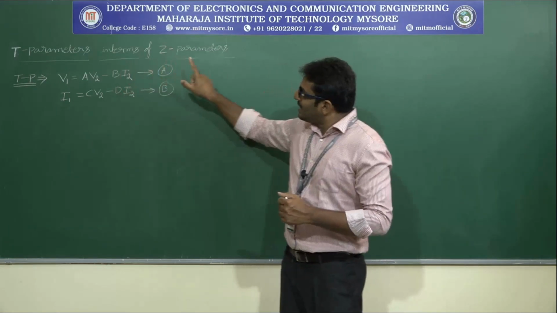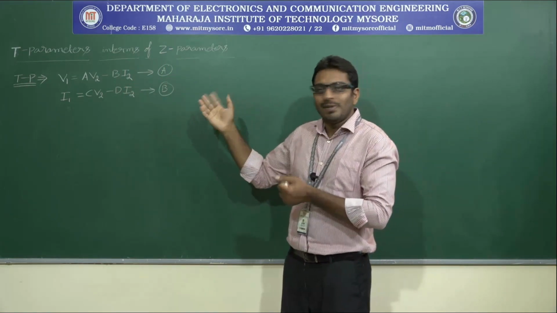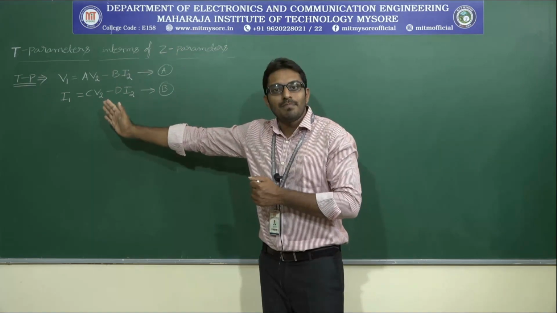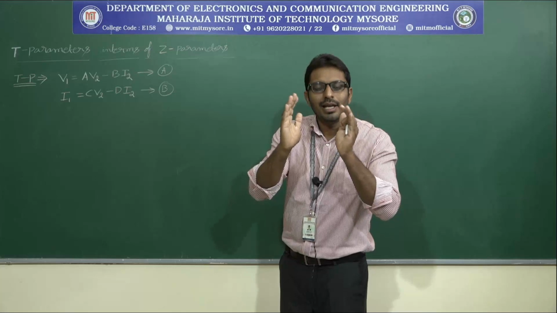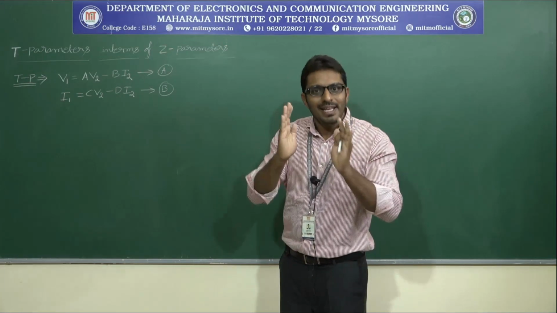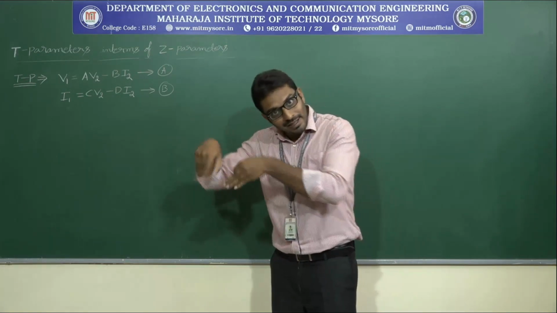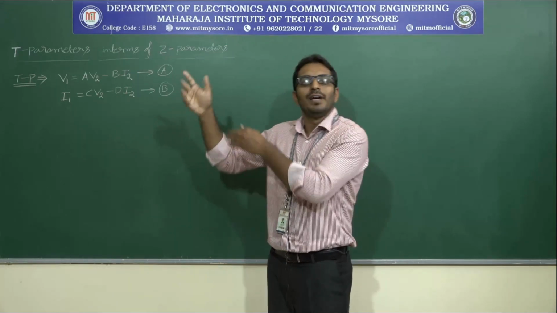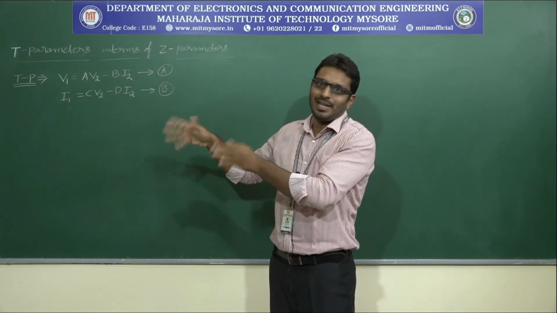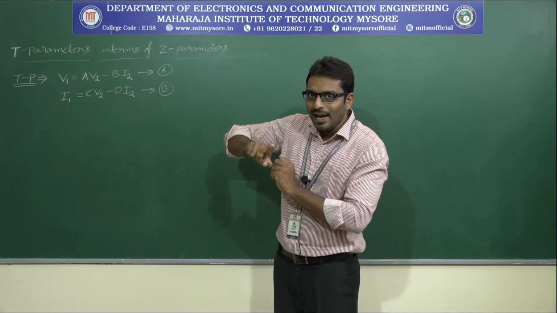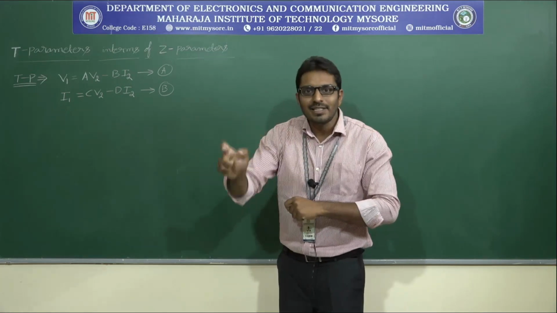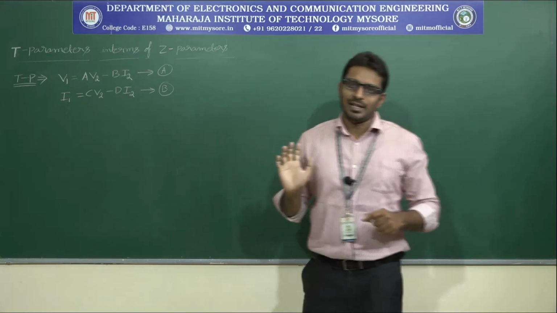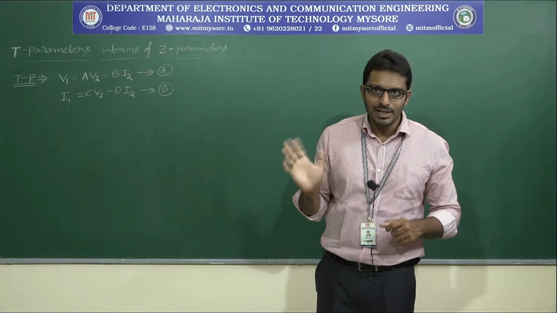T parameters in terms of Z parameters, I mean ABCD parameters in terms of Z parameters, means you have to get the expressions for A, B, C, D only, but in terms of Z parameters. Is it clear? A in terms of Z means A is equal to a function of Z. Please remember this point.